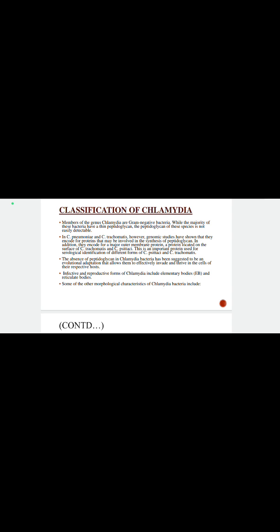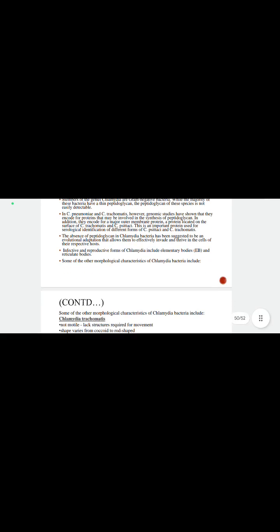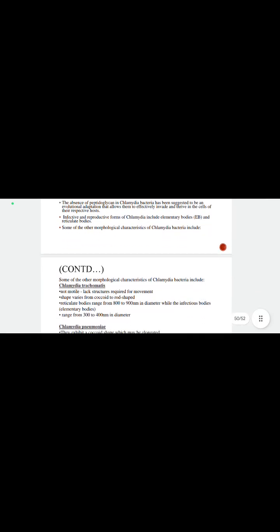Some other morphologic characteristics include those of Chlamydia trachomatis and Chlamydia pneumoniae. In Chlamydia trachomatis, they are non-motile, lack structures required for movement, and their shapes vary from cockade to roll-shaped, and the reticulate body ranges from 800 to 900 nanometers in diameter, while the infectious bodies range from 300 to 400 nanometers in diameter.